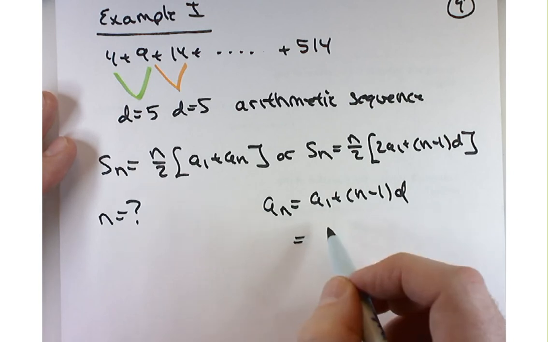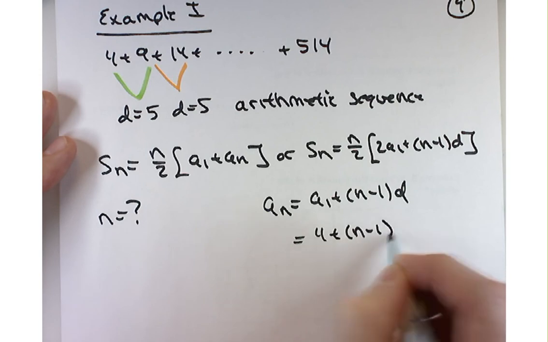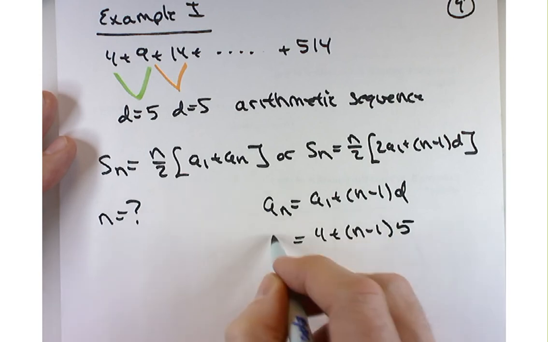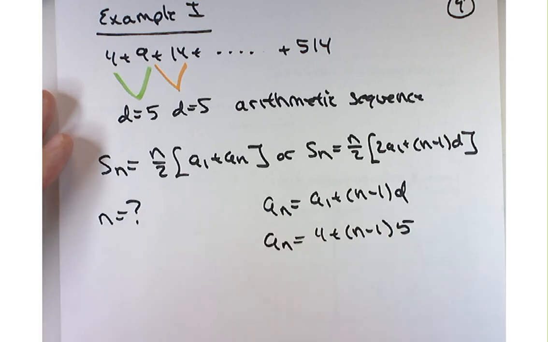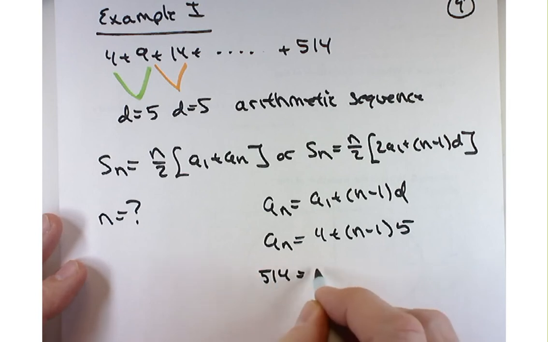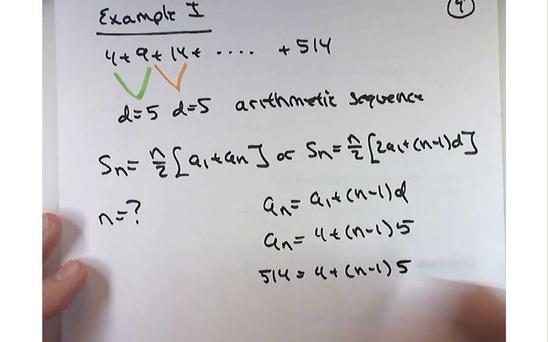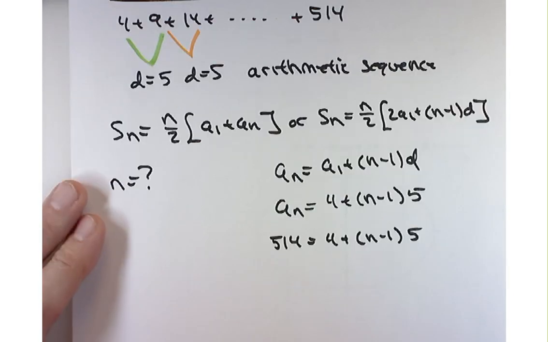A sub 1 is 4. Good? d is 5. Nice. That's good. But it still hasn't quite told me what n is. I have 514 for a sub n. 514 equals 4 plus n minus 1 times 5. And now I can solve for n.